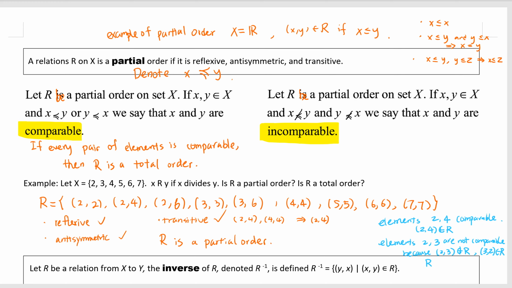That's why we say R is not a total order. So this is an example of a partial order but not a total order.